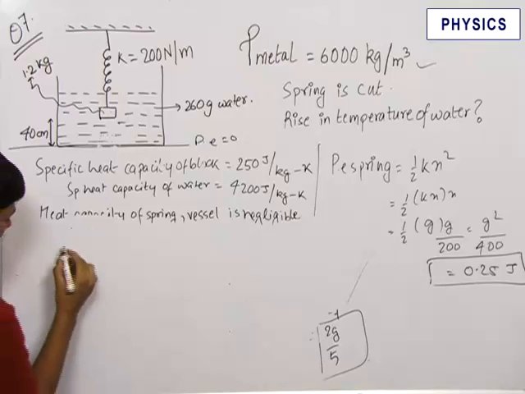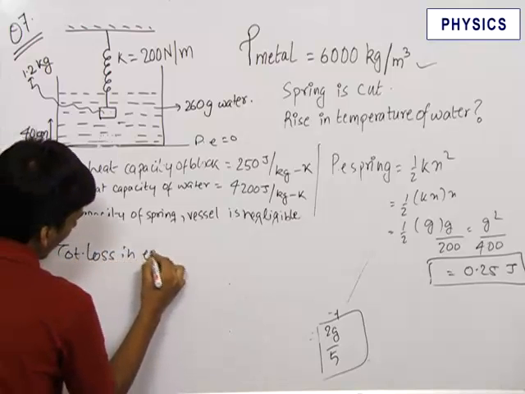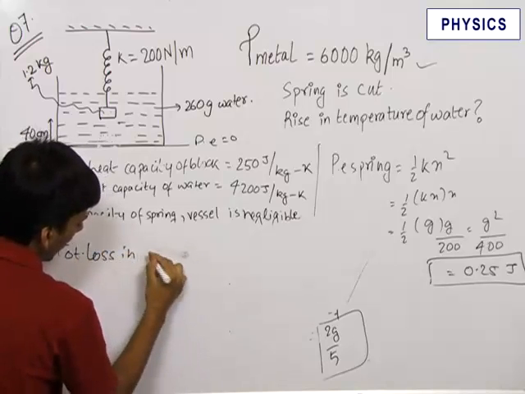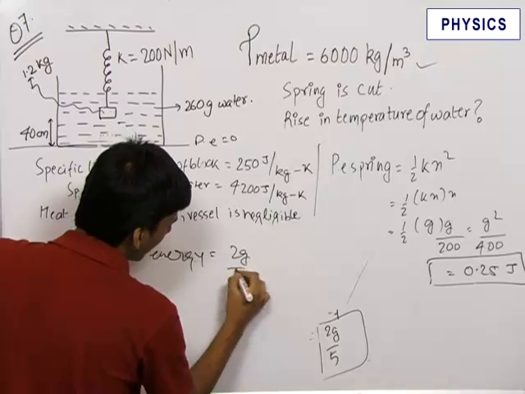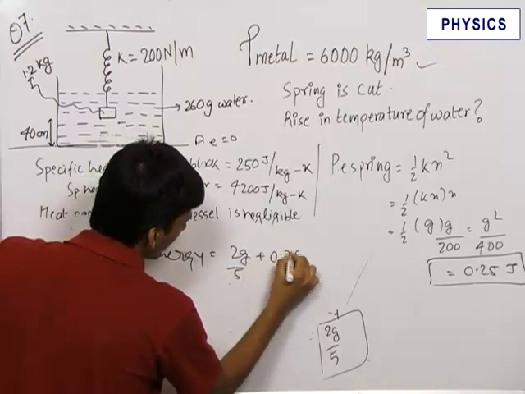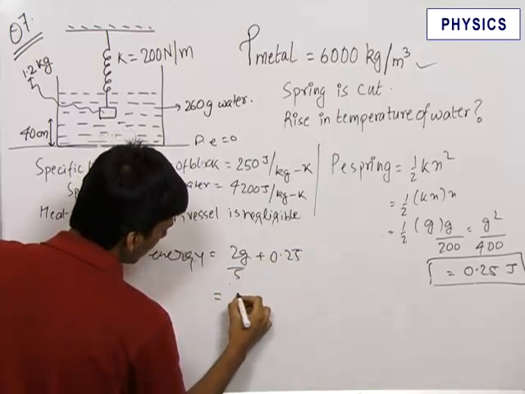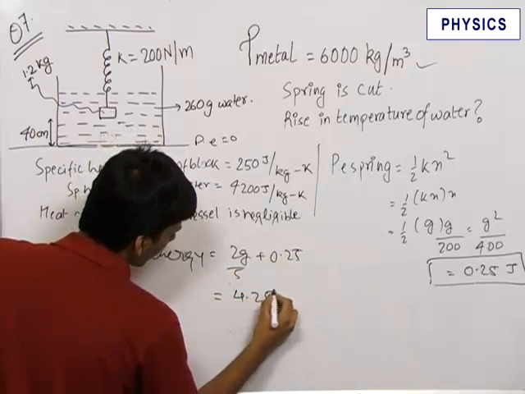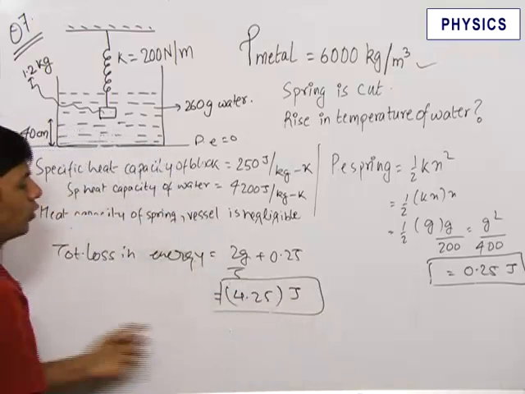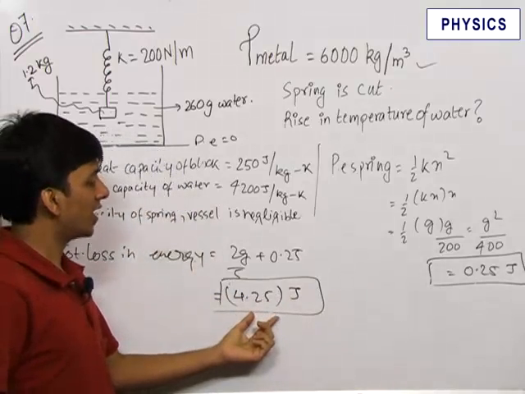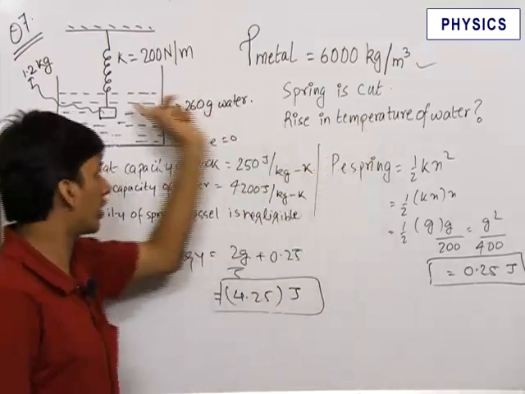So the total loss in energy is equal to 2 g upon 5 plus 0.25 joules. Therefore, this comes out to be equal to 4.25 joules. Therefore, this is the amount of energy that is lost, and this is the amount of energy which is used to raise the temperature of the water and block system.